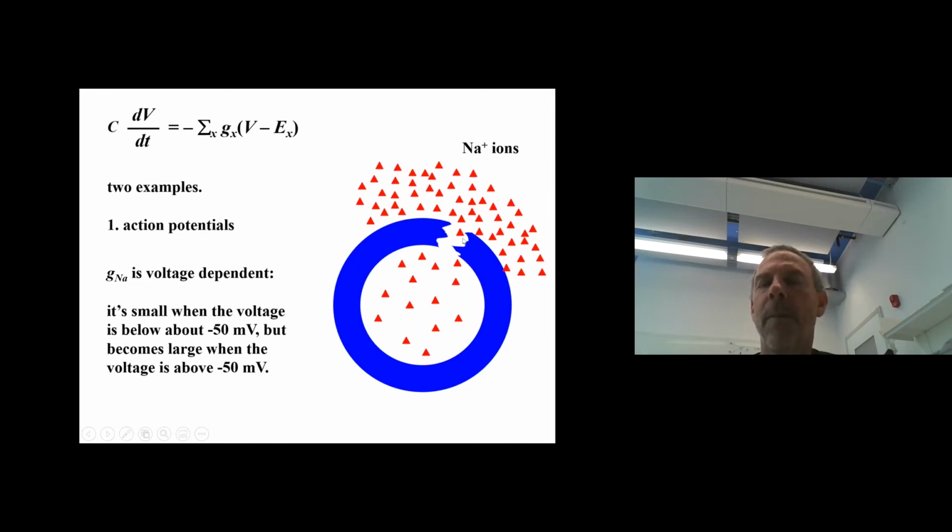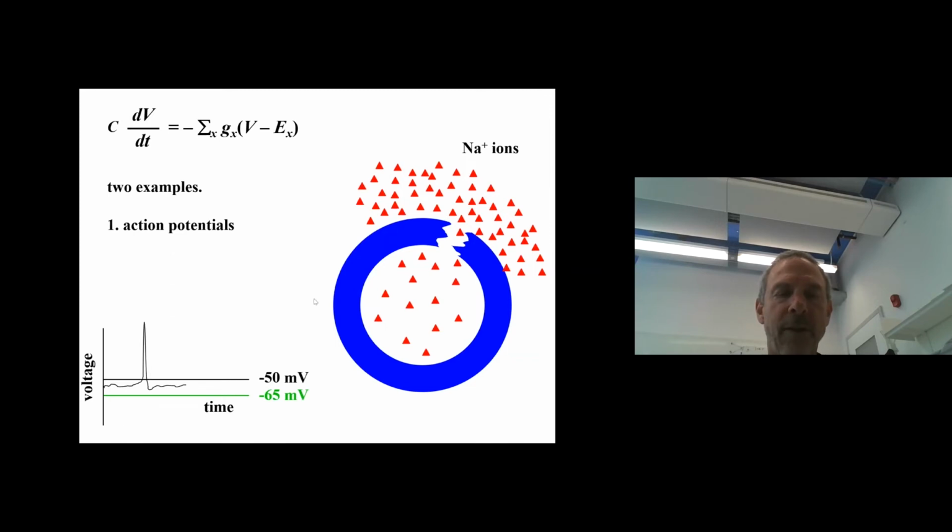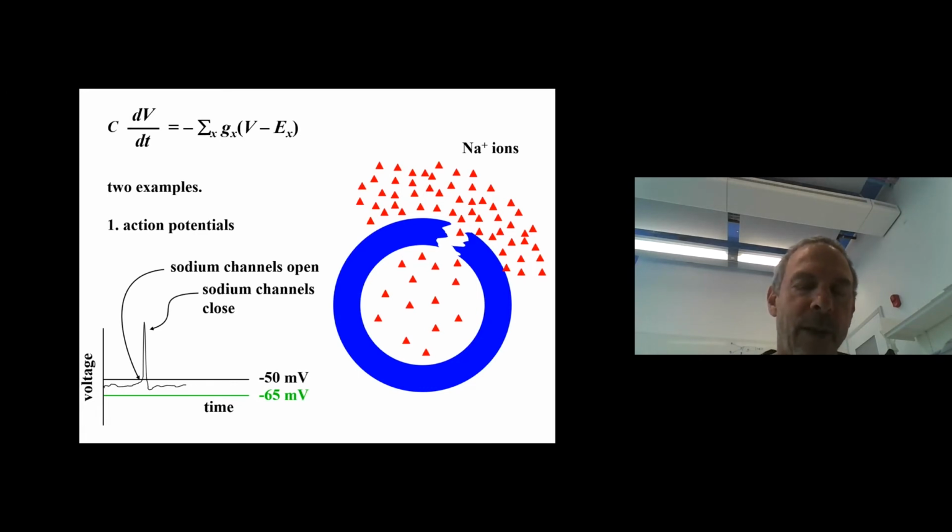If the voltage ever goes up, remember we saw a threshold about minus 50 millivolts. Somewhere around minus 50 millivolts, the sodium conductance goes through the roof, sodium rushes in, and the voltage goes way up. At really high voltage, it shuts down again. And so this is basically what causes an action potential. Right here, sodium channels open, up on the top, sodium channels close. Other things happen, and then that's it. So the voltage goes down.